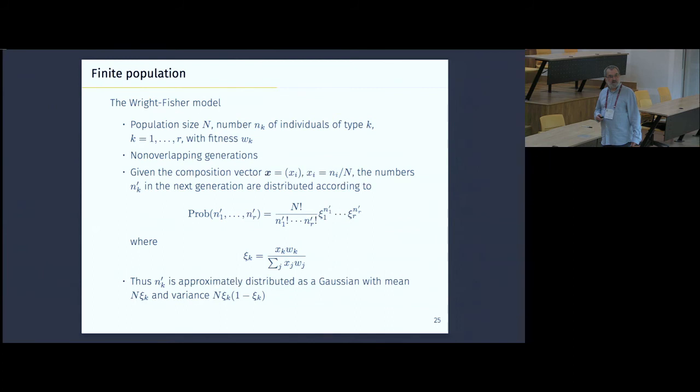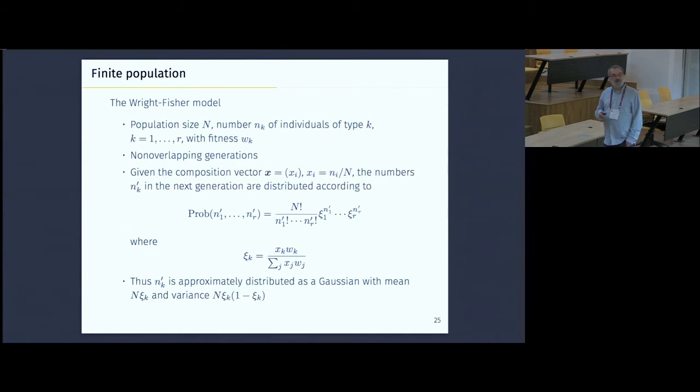So psi K for type K is given by frequency xK times fitness WK divided by this normalizing denominator, which is actually the average value of the Wrightian fitness for this population.